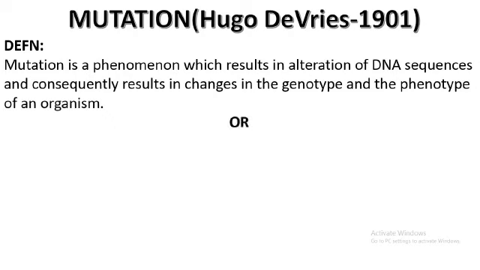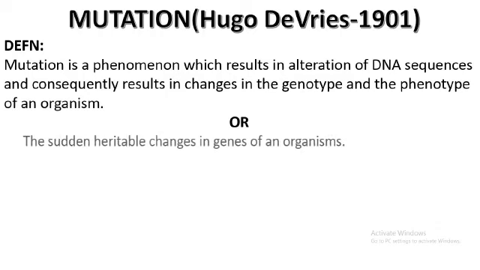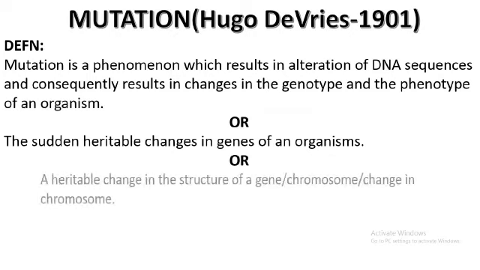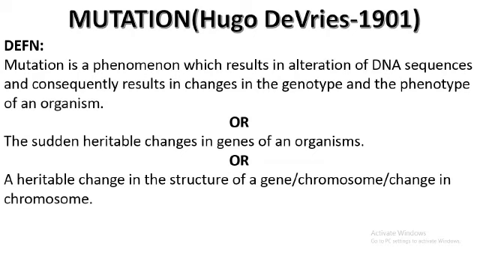Or in simple terms, mutation can be defined as a sudden heritable change in genes of an organism. So instead of defining it in a big manner, this is a very simple way to define mutation. Or you have one more definition: a heritable change in the structure of a gene or chromosome.